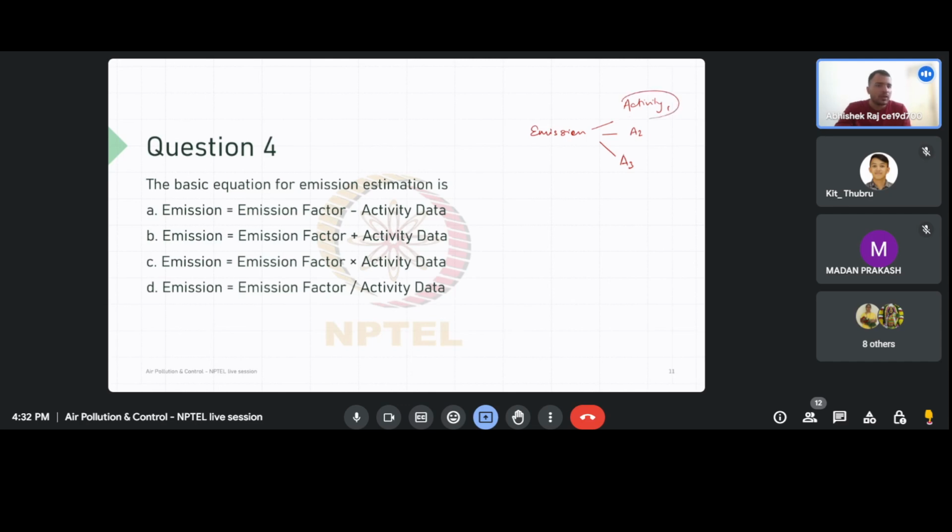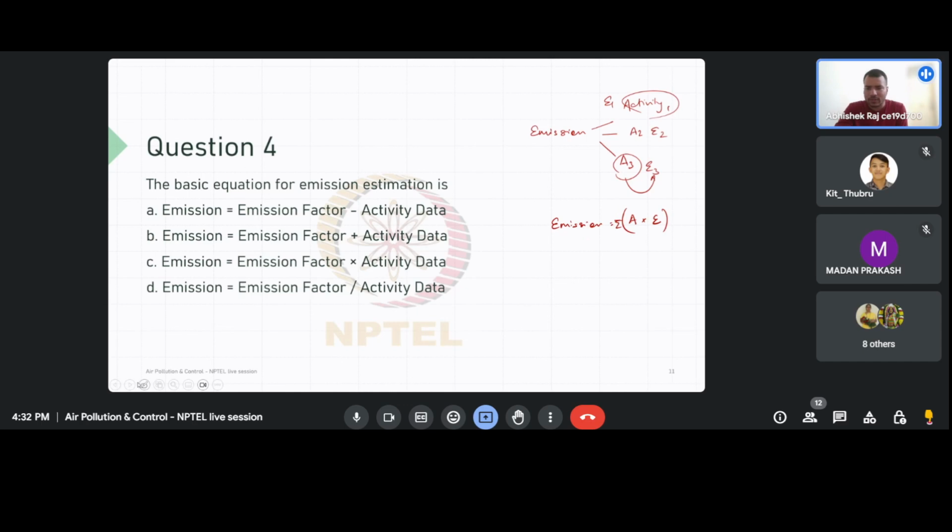A small house may not have as much emissions as a large residential complex construction will have. So we need to incorporate separate emission factors for each of them. Depending upon the scale of the activity, there will be an emission factor. The emission will be equal to the activity into the emission factor, and then we can add all of these and get the emission inventory, the sum total of it.